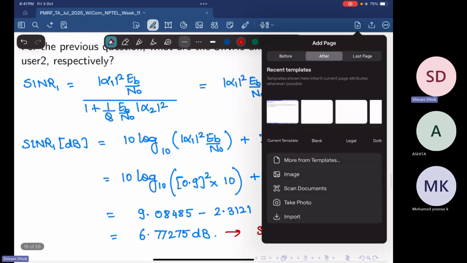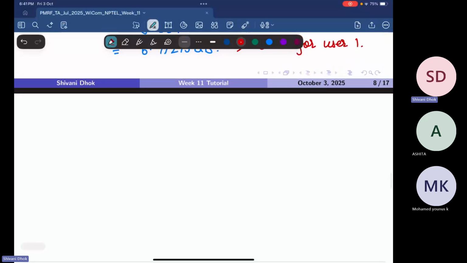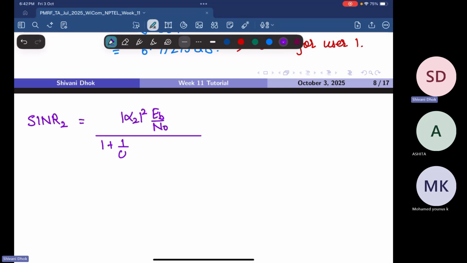Let me add a page for user 2. So this SINR2, in similar fashion, is given by magnitude of alpha 2 square EB by N naught, divided by 1 plus 1 over Q into EB by N naught into magnitude of alpha 1 square.